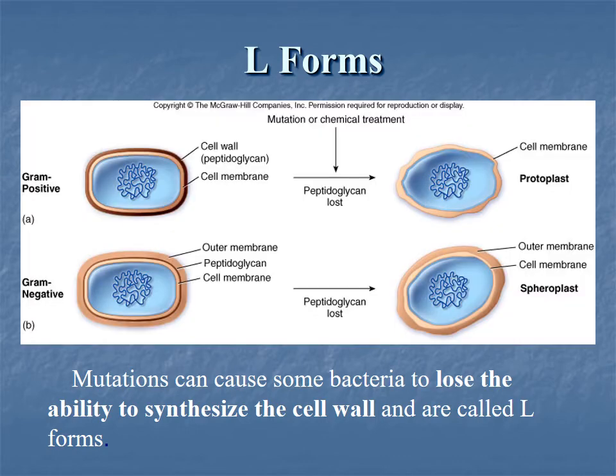Spheroplast is created from gram-negative microorganisms, and can contain some parts of the cell wall. An example of an L-form microorganism is mycoplasma. This microorganism can't reverse, can't create a cell wall.